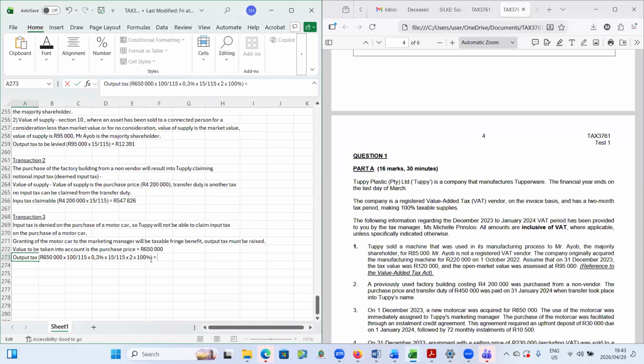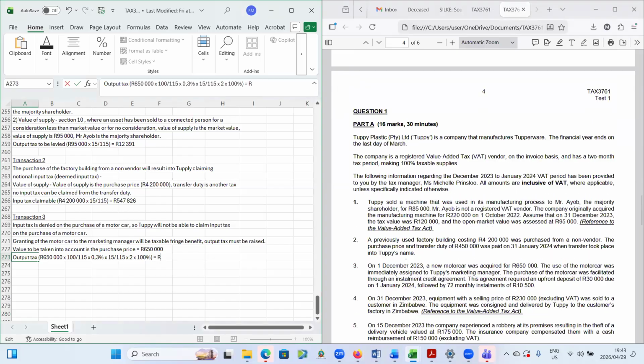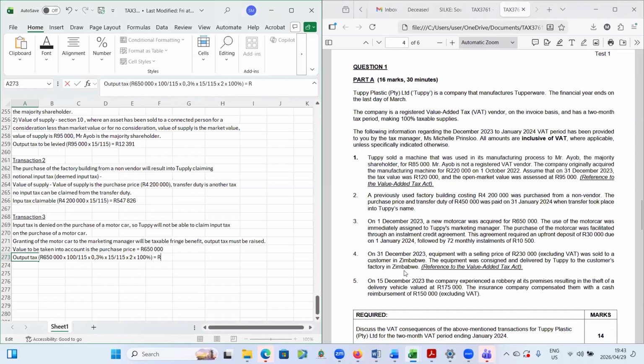So how much output tax must be raised? Svongile, how much output tax must be raised when you calculate here? It's 650,000 rand multiplied by 100 over 115, multiplied by 0.3%, and then multiply by 15 over 115.